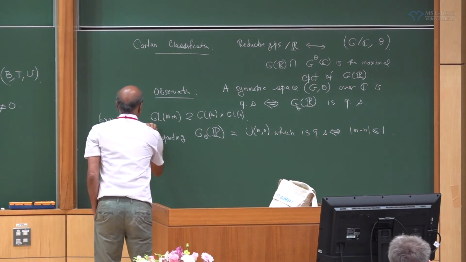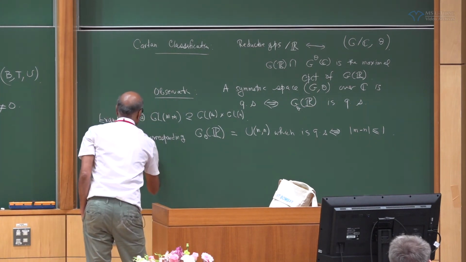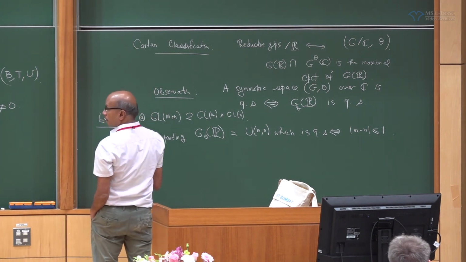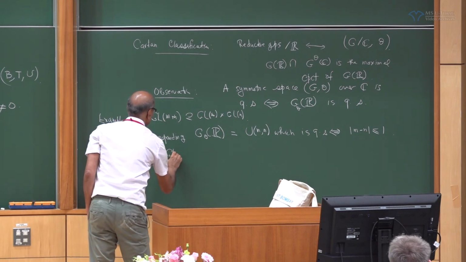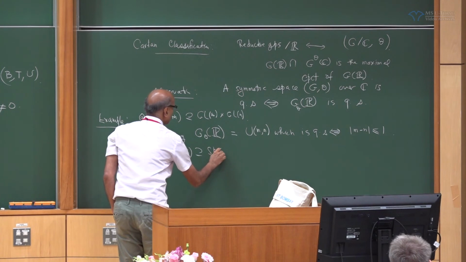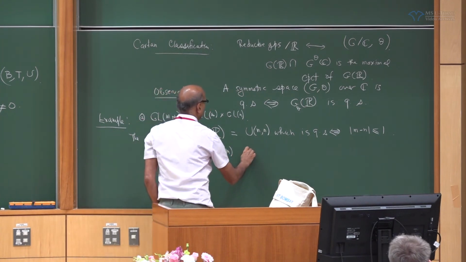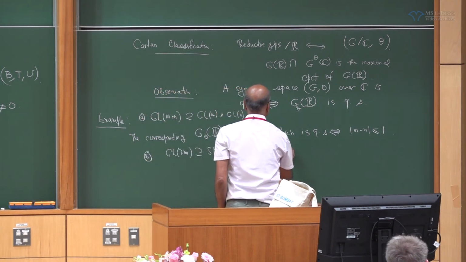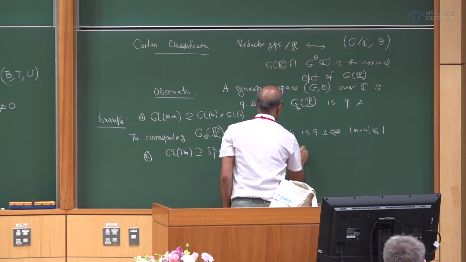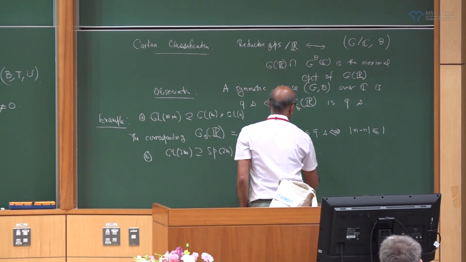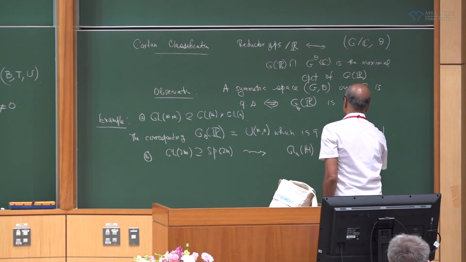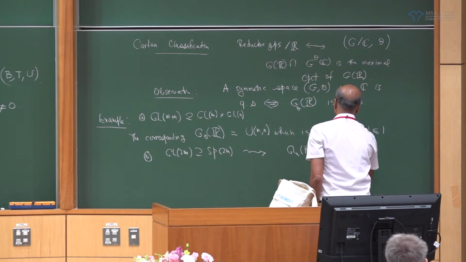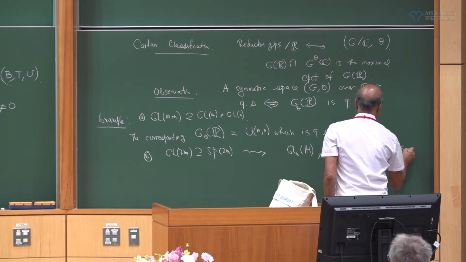And so B. In this example of GL_2m containing Sp_2m, we would be in the real group GL_m of the Hamiltonians, and this is not quasi split.